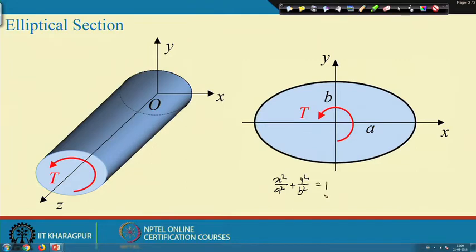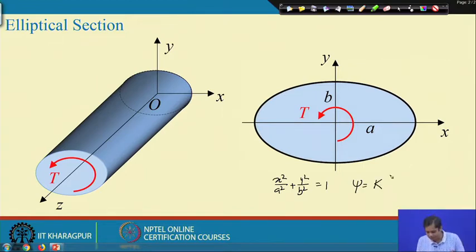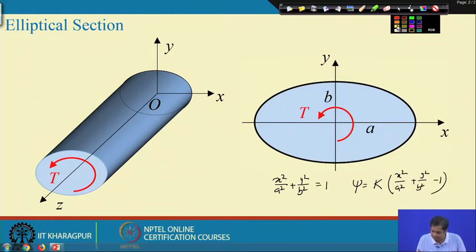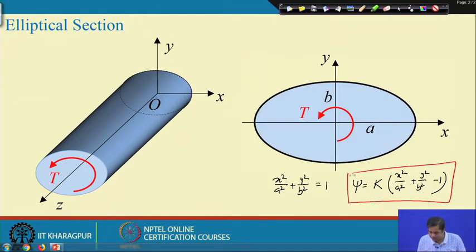This is the expression. Now, assume psi as some factor k into x square by a square plus y square by b square minus 1. If you take psi as this, then irrespective of the value of k, it automatically vanishes at the boundary. So, we will take psi as this.